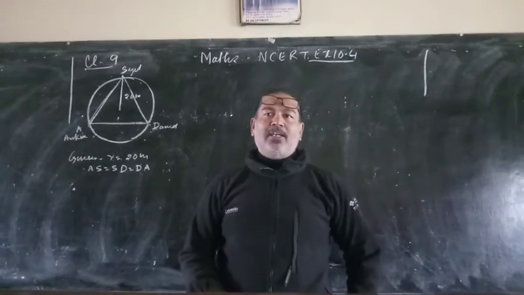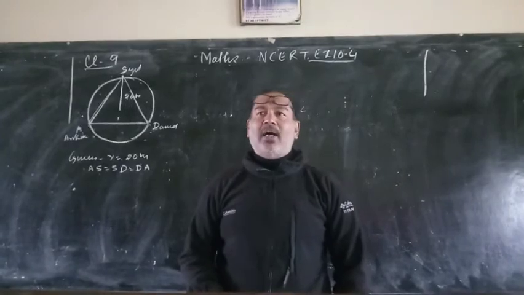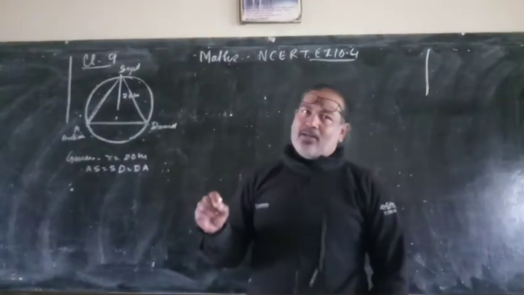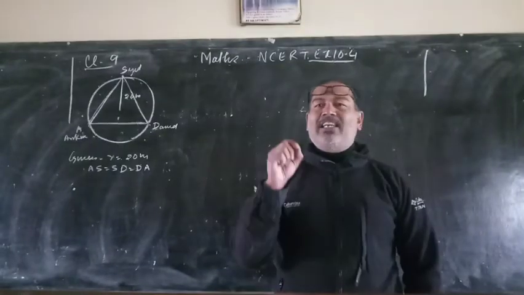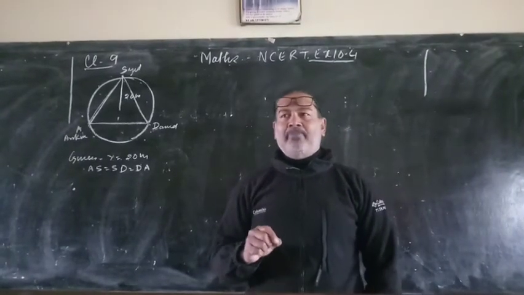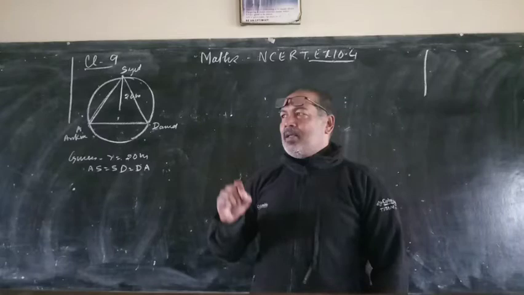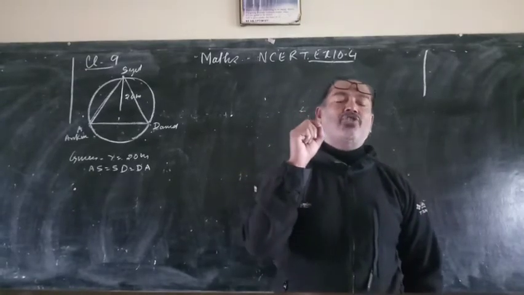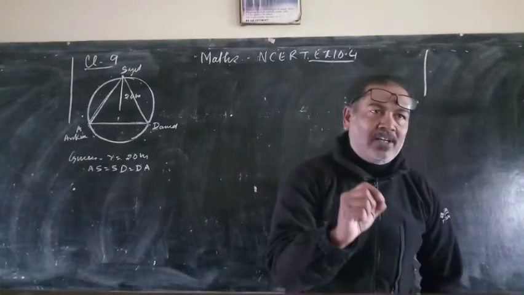Because the circle that is drawn is a circumcircle around an equilateral triangle. So you have to learn this and keep it in your mind that the center of the circumscribed circle around an equilateral triangle is the centroid of the triangle.